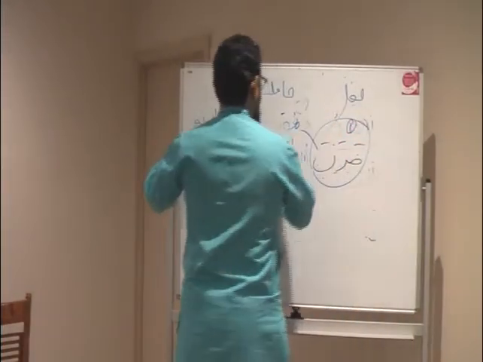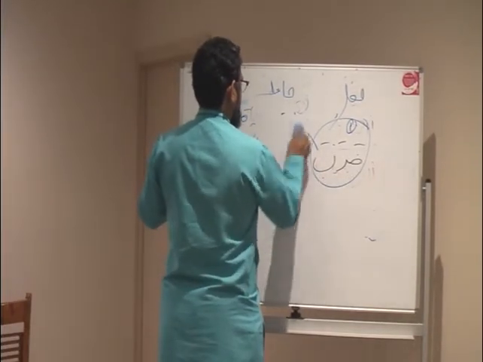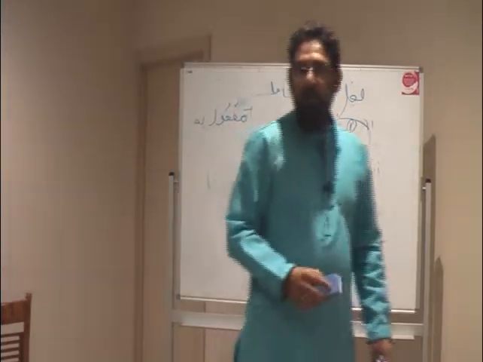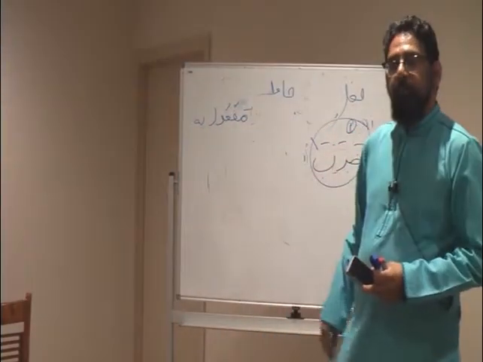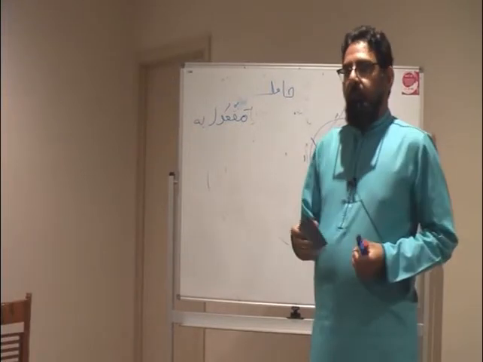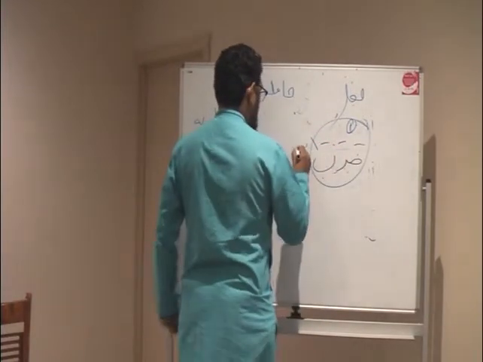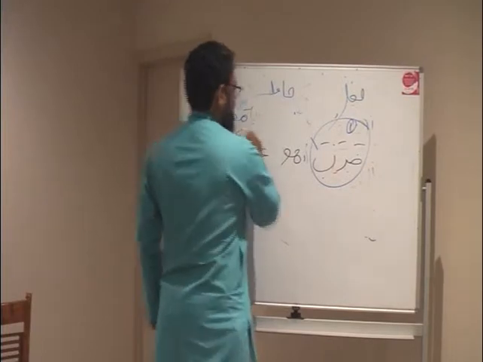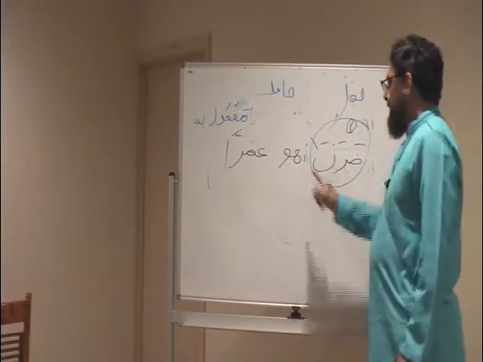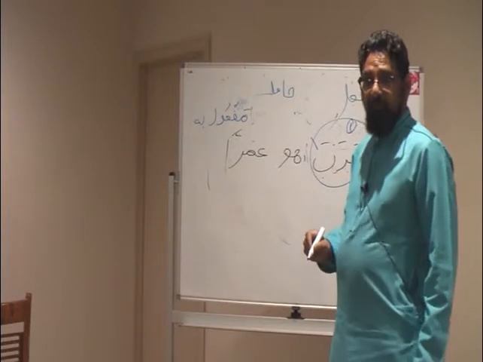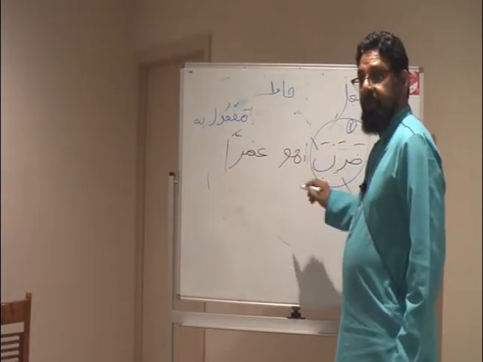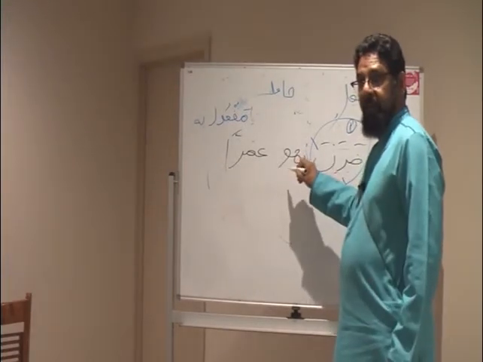So when you put daraba huwa amran, if it was actually written daraba huwa amran, what you'll say is that you don't have to extract it out, the huwa is there. So you'll still call this the fi'l, and you'll call this the fa'il. So you won't take it out because it's already there.